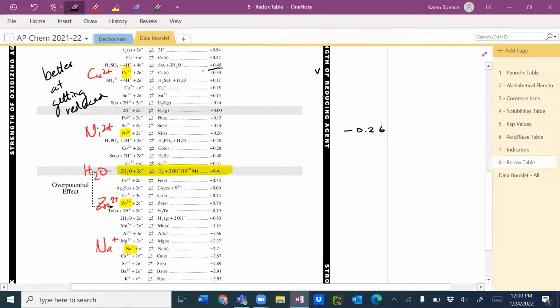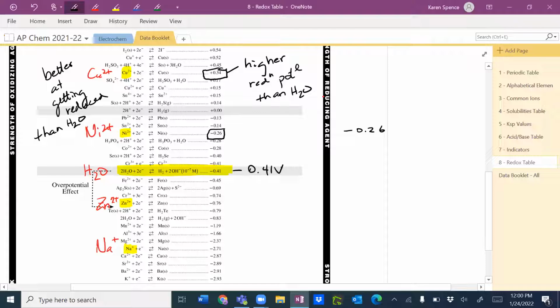Because it's got a higher reduction potential, it is better at getting reduced than water. Nickel is also better at getting reduced than water. It is negative 0.26, which is bigger than negative 0.41 volts. Both of those have a higher reduction potential than water.